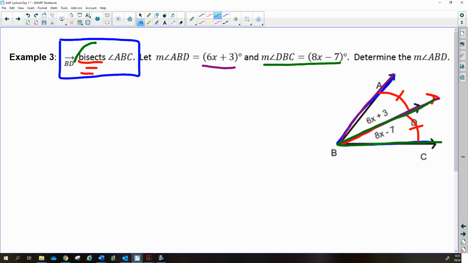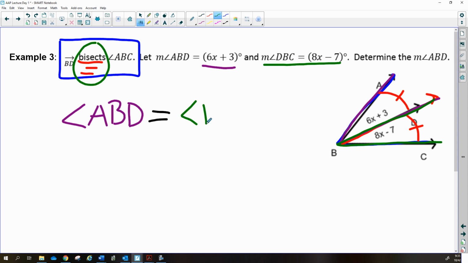Now, since it said it was a bisector and both of them are equal, we do know that this purple angle, angle ABD, has to be the same size as the one I highlighted in green, angle DBC. This is only true because, again, it bisected it, creating two equal angles.